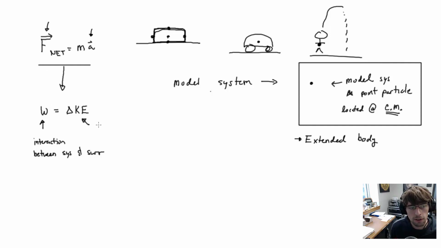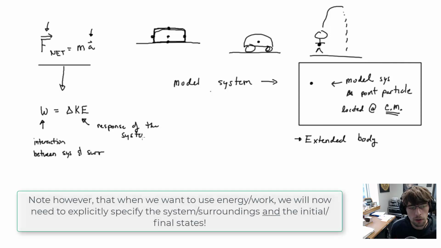Here, this is the response of the system, much like the acceleration is also the response of the system. So again, we actually have this interaction going on between system and surroundings.